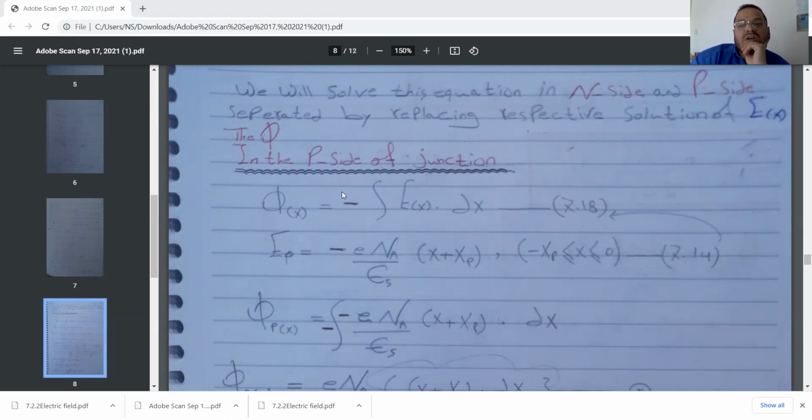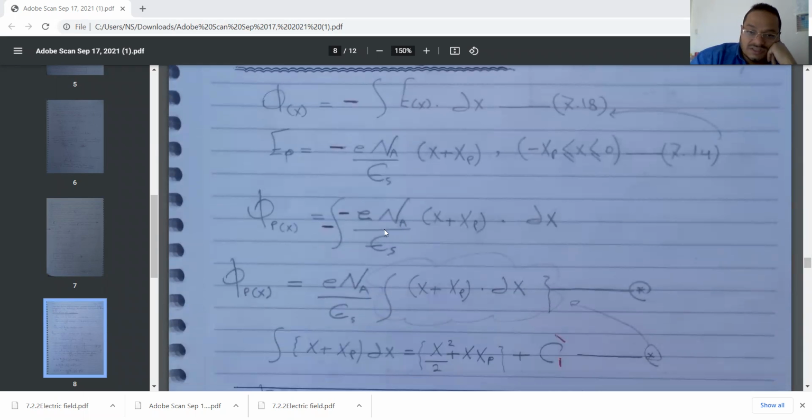The potential equals minus the integration of the electric field dot dx. Like we know, at the P side, that means here, E_P, the electric field at the P region. Because we know the result of the electric field at the P region, we will put this result instead of the electric field and calculate all these elements again.